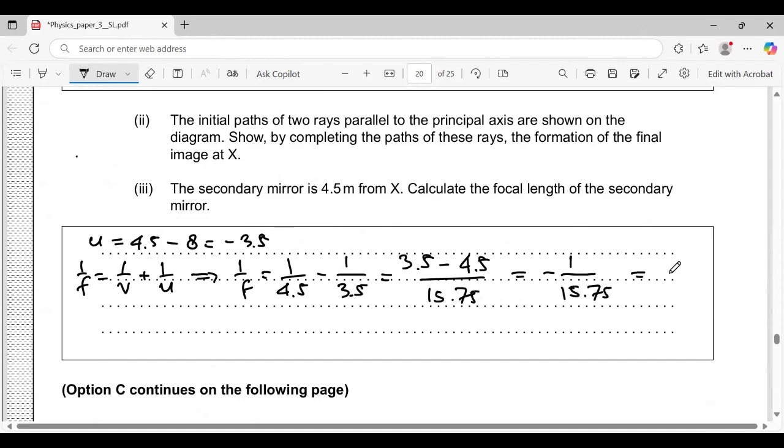This is 1 over F. And we're going to find F. So F equals the opposite of this fraction, minus 15.75 over 1, or minus 15.8, and the unit is meters.